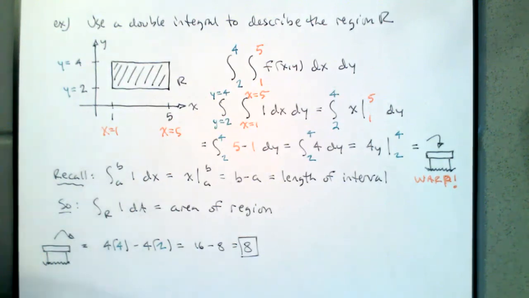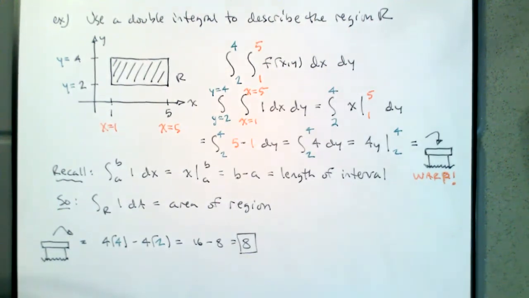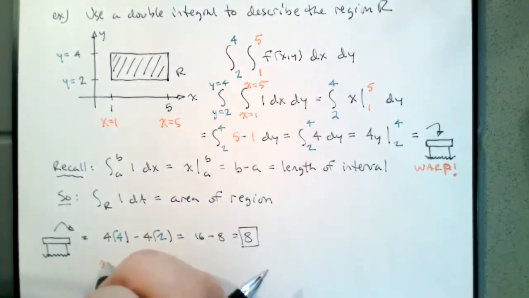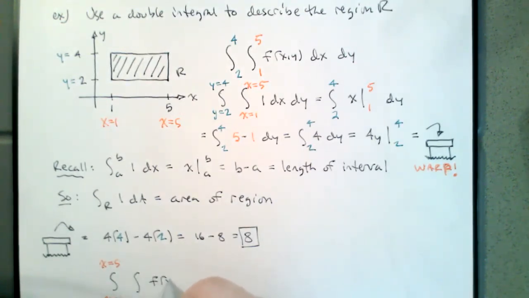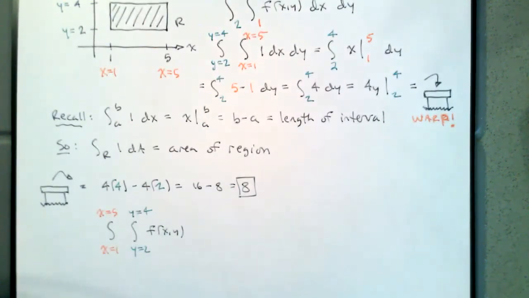So another thing to note, since we're looking at double integrals, I set this up as a dx dy. There's no reason that we have to go in alphabetical order. So I could set this up as the integral as x goes from 1 to 5, and y goes from 2 to 4. The left and right, and then the up and down.